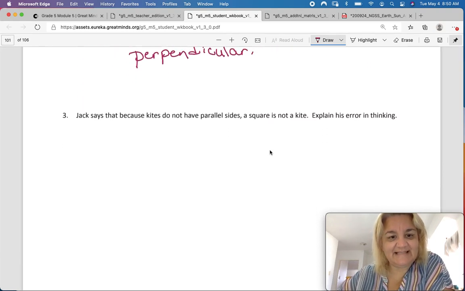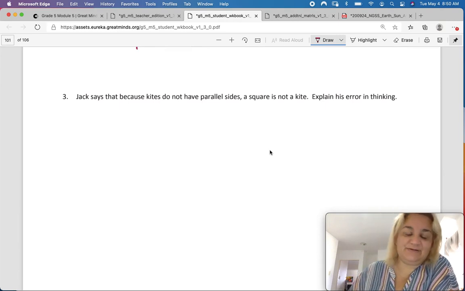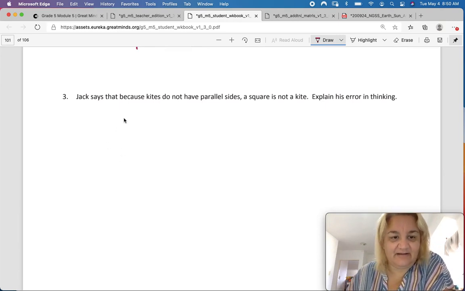Number 3, Jack says that because kites do not have parallel sides, a square is not a kite. There's no rule that says that kites can't have parallel sides.